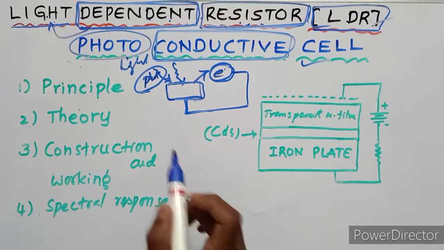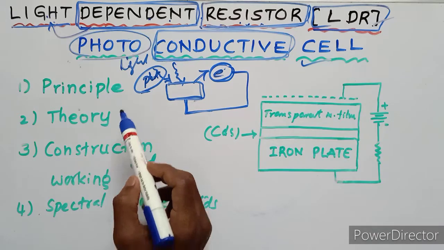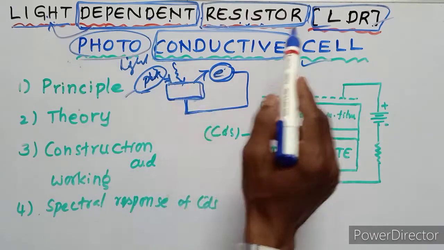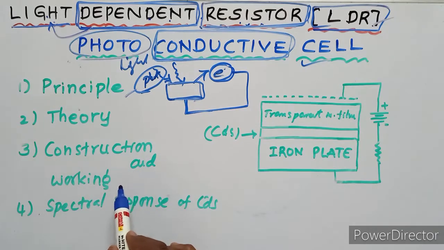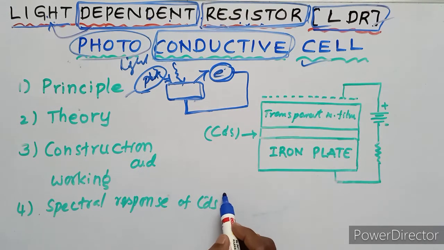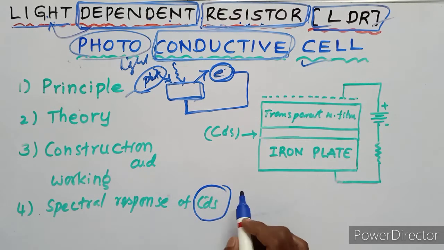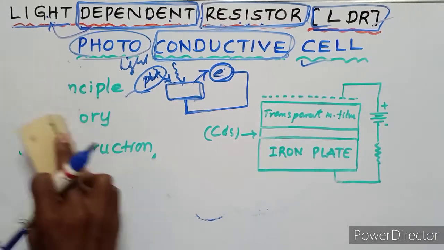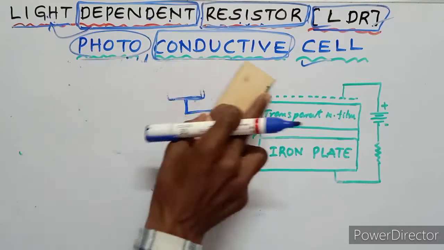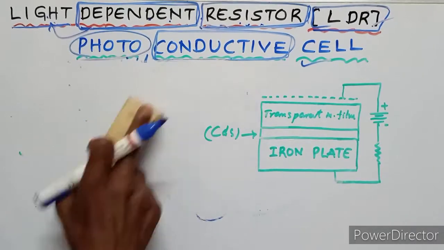So in this session we discuss the principle of LDR, the theory of LDR, construction and working of LDR, and the spectral response of CdS, cadmium sulfide. So what is the LDR? LDR means light dependent resistor.